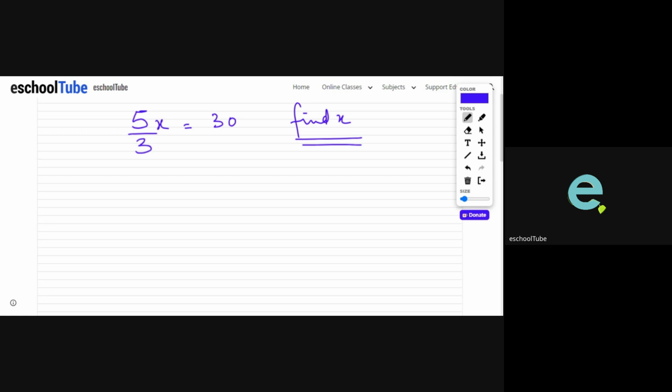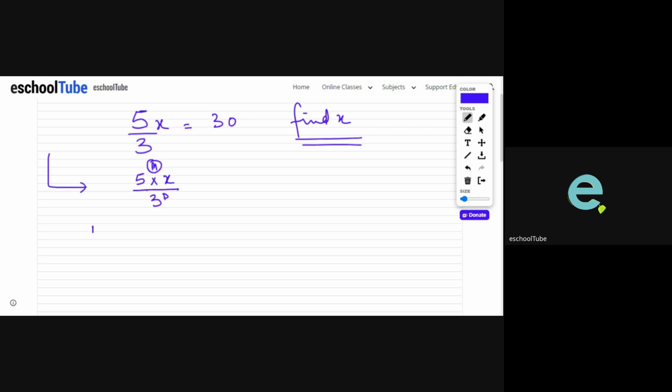So what will be the first step? You check what all operations are being done. Sir, multiplication. There are two operations. With x you are multiplying by 5 and then you are dividing by 3. So there is multiplication, there is division.